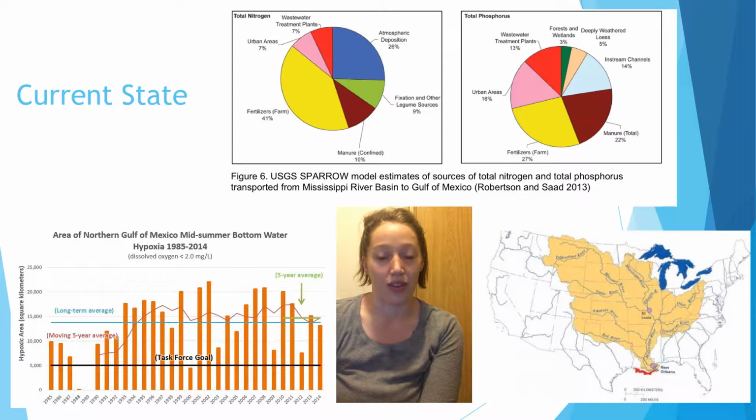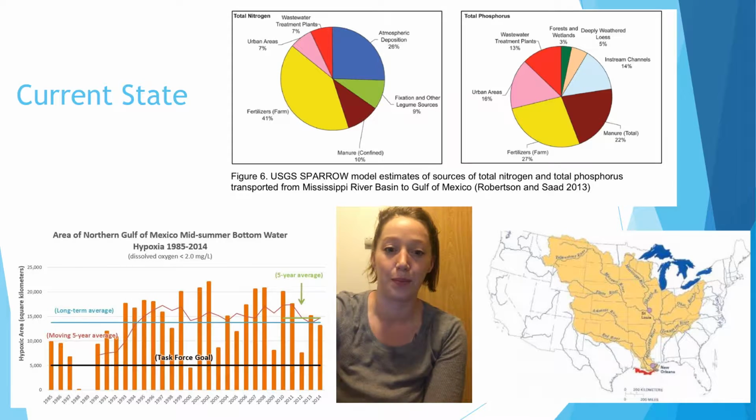Some examples of point sources include municipal wastewater treatment plants, industrial wastewater discharge, urban areas, and stormwater runoff. The non-point sources are CAFOs, short for concentrated animal feeding operations, and industrial agriculture. And according to the Hypoxia Task Force, 60% of the nitrogen input to the Gulf and 49% of phosphorus inputs are a result of agricultural activities in the Mississippi River watershed.